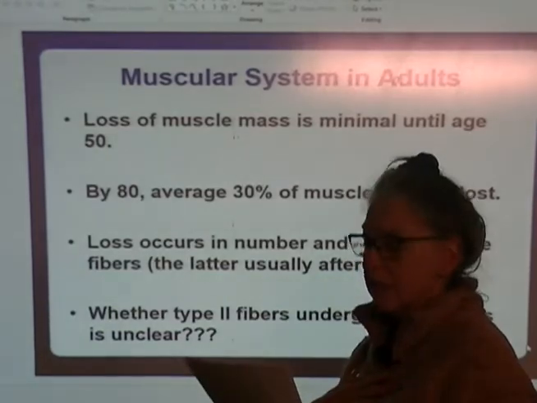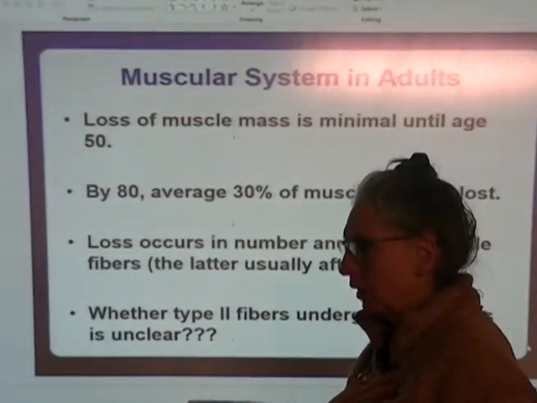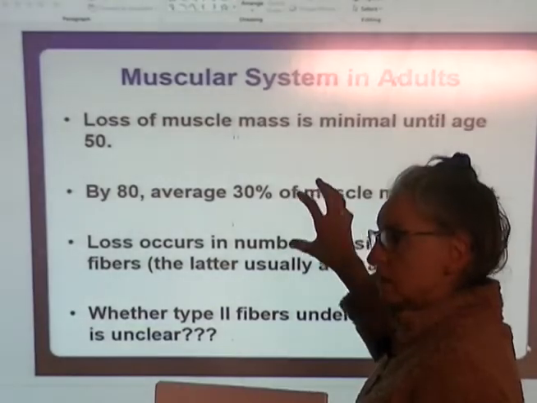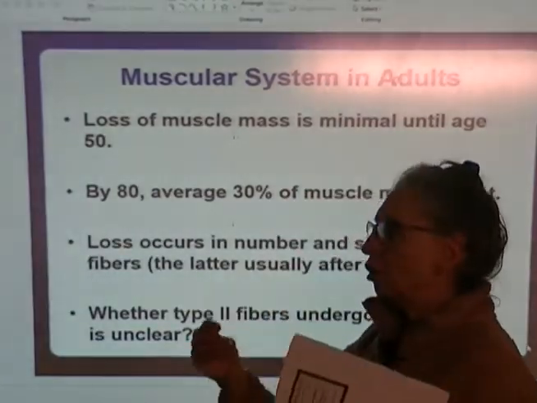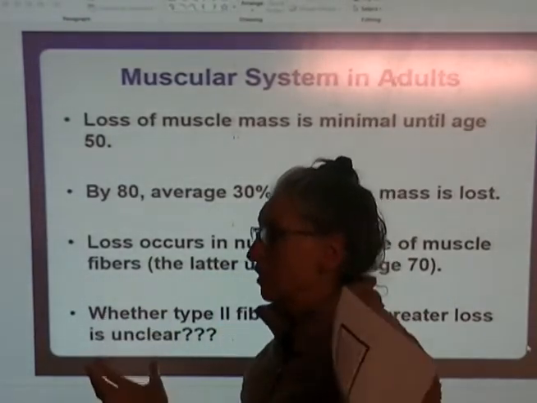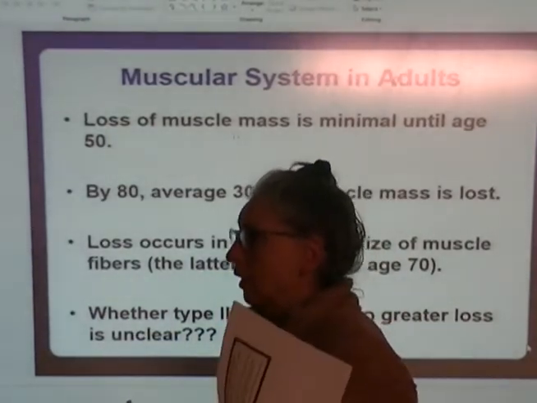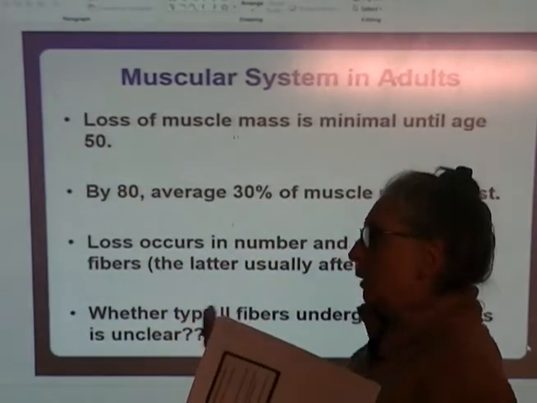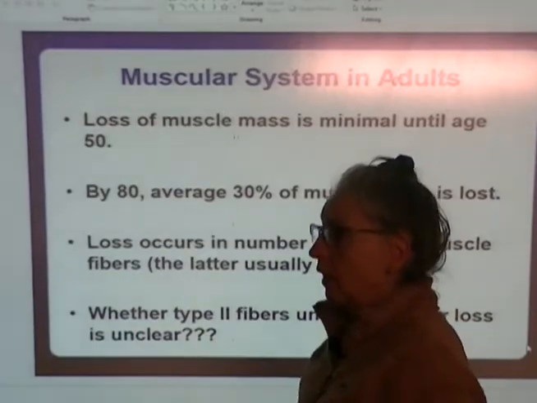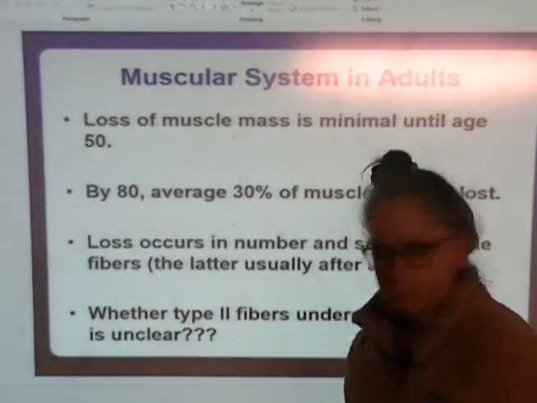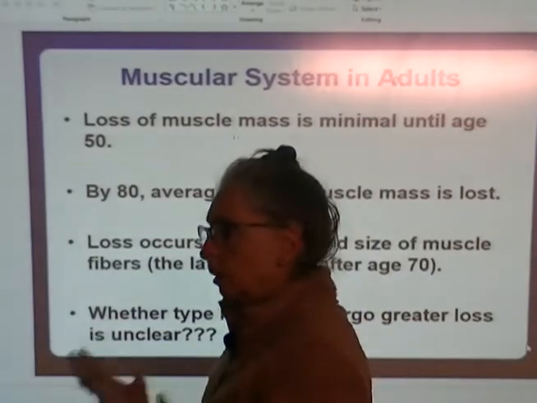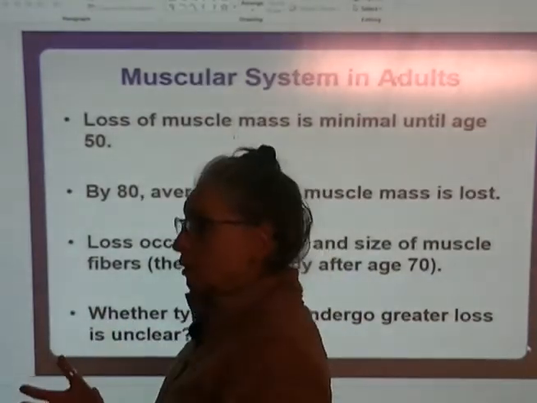I have to say though, in my personal experience, I really believe that statistic is based on the average population who don't maintain their physical activity very well, right? When I look at the people I know who are in their 80s who train regularly, right? So I've mentioned my dad. My dad goes to the gym and lifts 5 days a week, right? Has he lost muscle mass?